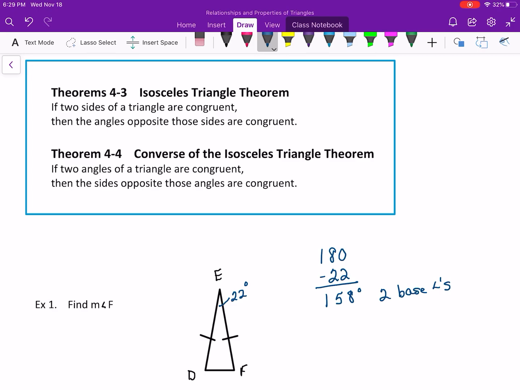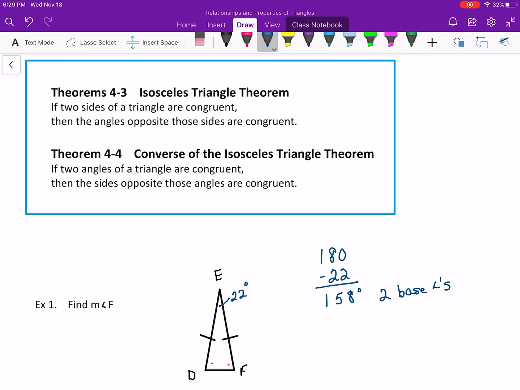Total. And since this is an isosceles triangle, the 2 legs are congruent, by theorem 4-3, it says if those 2 legs are congruent, then the angles opposite those legs, that's angle D and angle F, are congruent. Well, if they're the same measure, then they are equal.